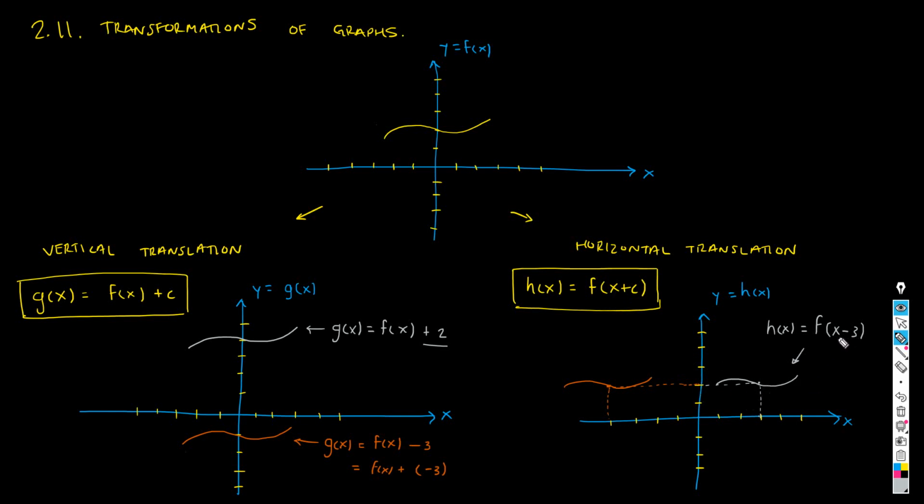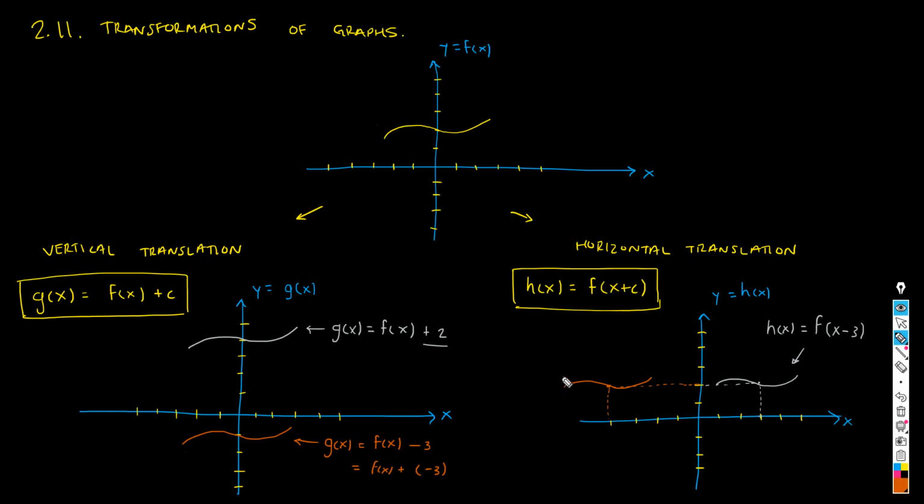Remember, when we subtract or when we add a negative number to the variable, that's gonna cause a translation to the right. Okay, can you see? This point here is translated 3 units to the right by the inclusion of the negative 3 in the variable.